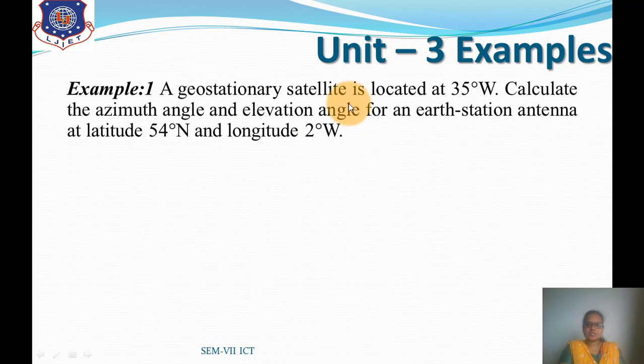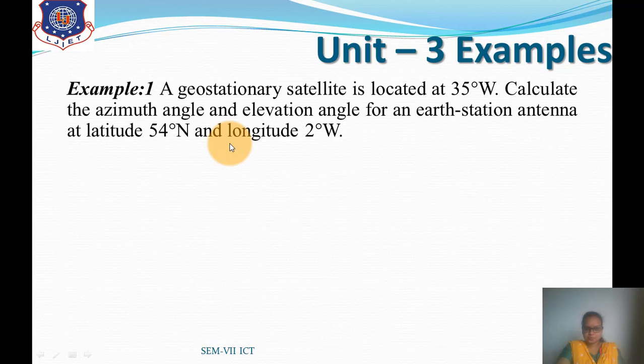So for the geostationary satellite, the longitude has been given, and for the earth station both longitude and latitude have been given, and we need to calculate the antenna look angles, or you can say the azimuth angle and the elevation angle. There are a total of 6 steps to be followed to calculate this example, right? Whenever you find an antenna look angle example, you need to follow these 6 steps, which we will see in this session.